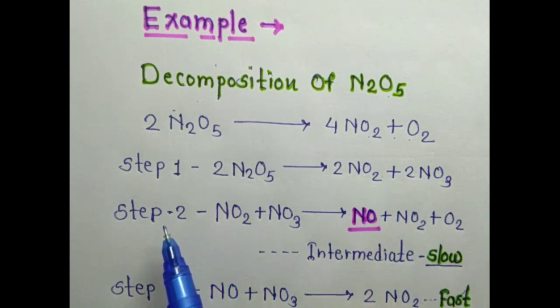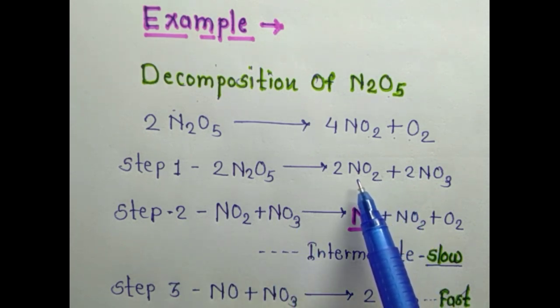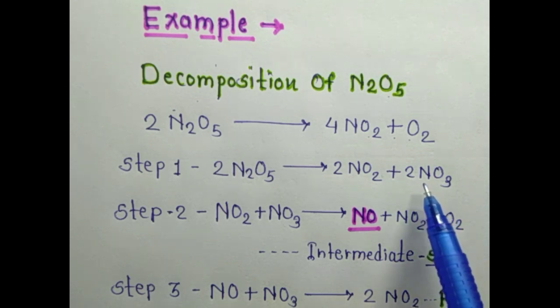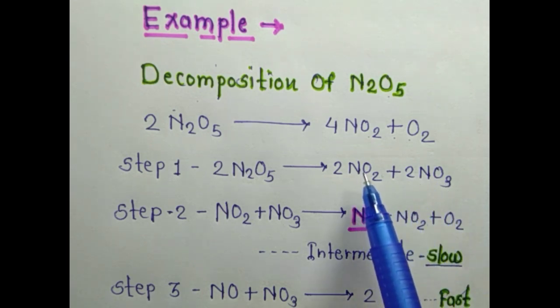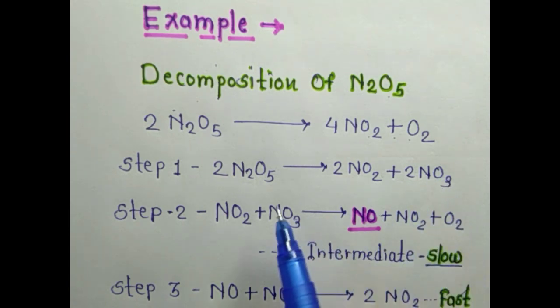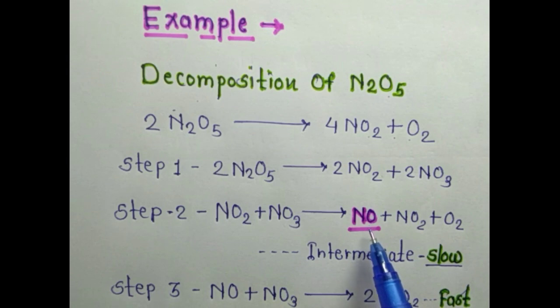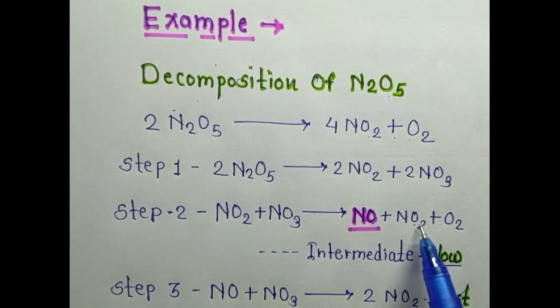In the second step, one molecule of NO2 and one molecule of NO3 react further, and it gives NO plus NO2 plus O2.